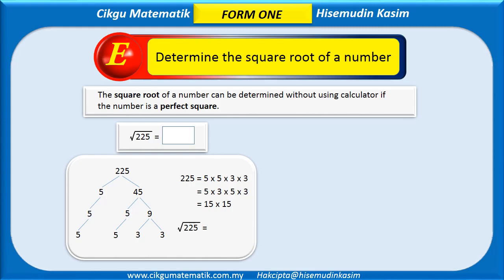The square root of 225 equals the square root of 15 times 15 equals 15.